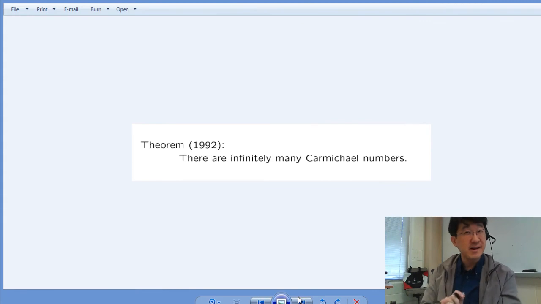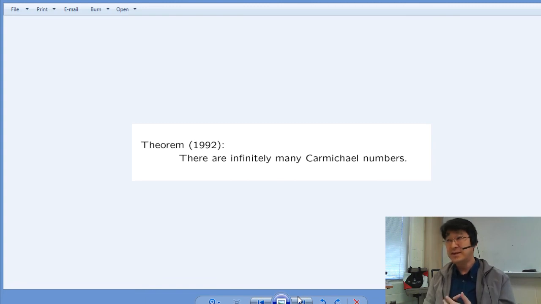In 1992, three number theorists at the University of Georgia, Andrew Granville, Carl Pomerance, and Alford, who passed away recently, proved there are infinitely many Carmichael numbers. It was a big deal. The technique was amazing and very, very difficult. It was proved just a four-hour drive from here, and there was quite a celebration.